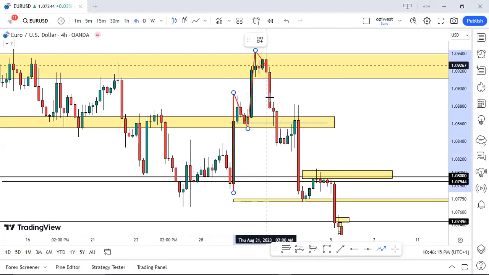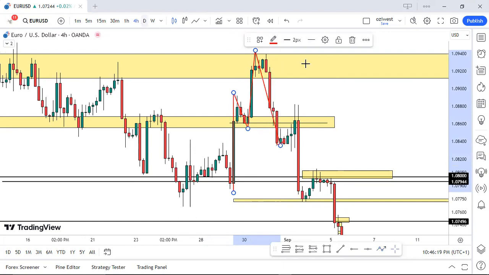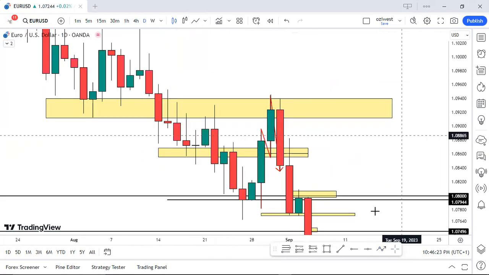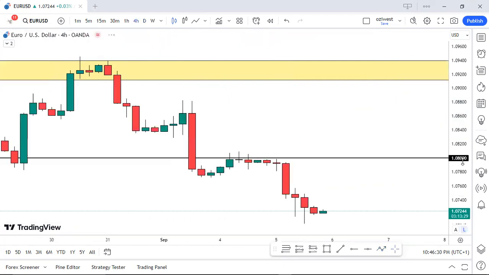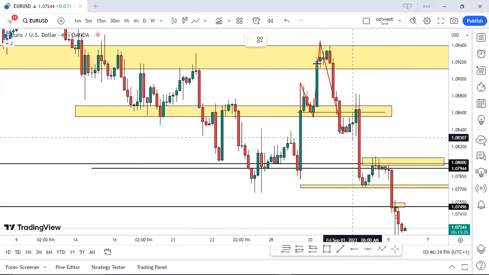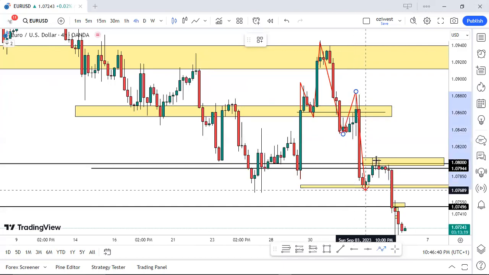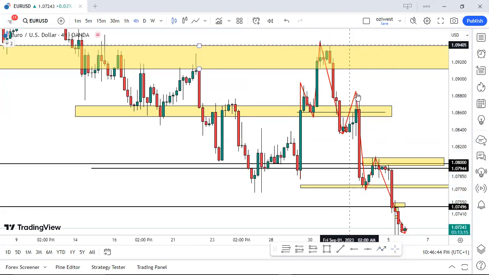These candlesticks you see here is the same with this daily bearish engulfing candlestick. So that's the same here, which broke structure. Price formed a lower low, lower high, and continued forming bearish market structure.